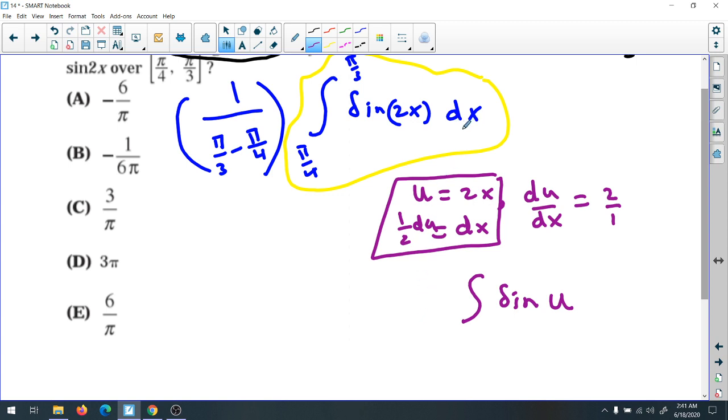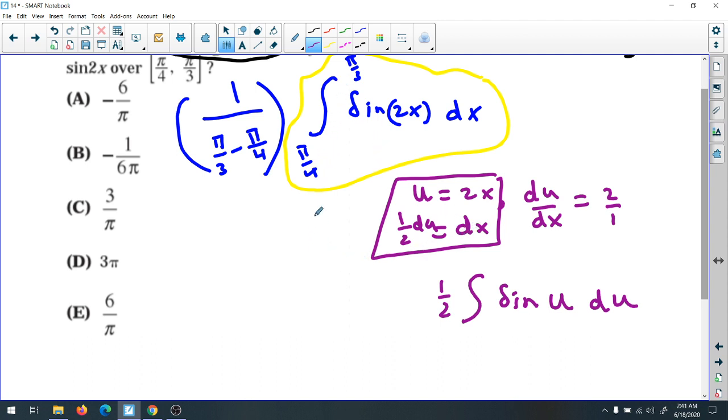And for dx, we replace a half du. Write down a half before the integration, and here is du. For the new bounds, don't copy pi over 4 and pi over 3. We have to change these bounds because they are for x, and we want them for u.